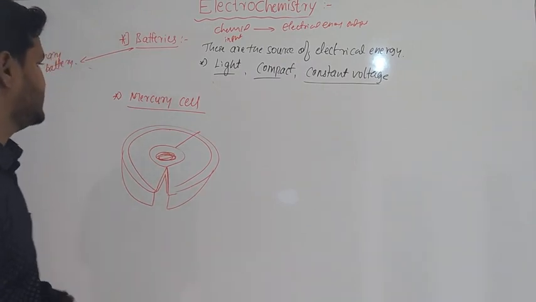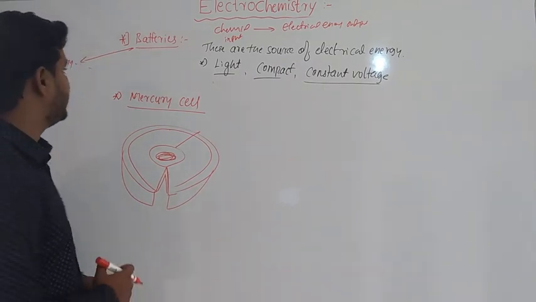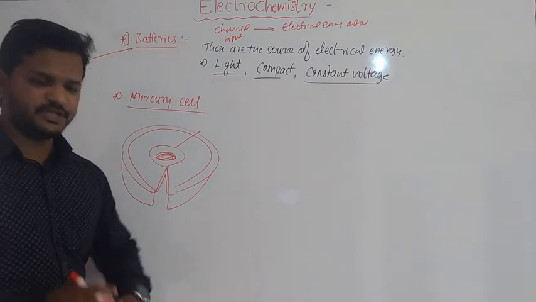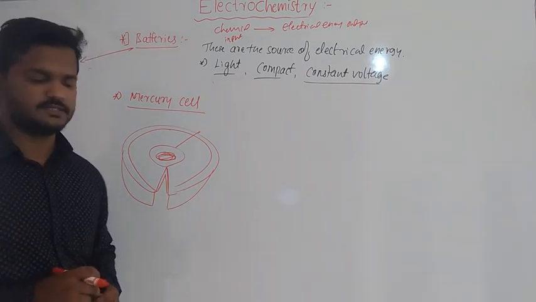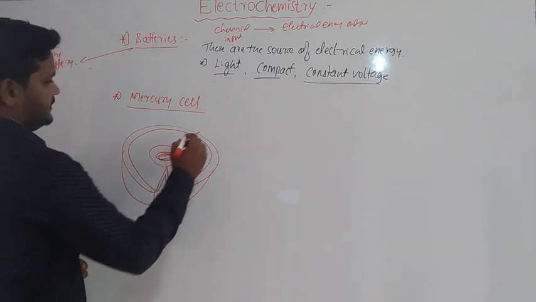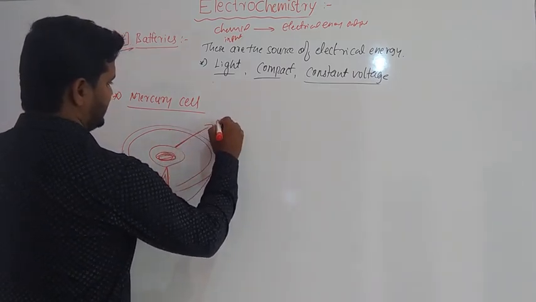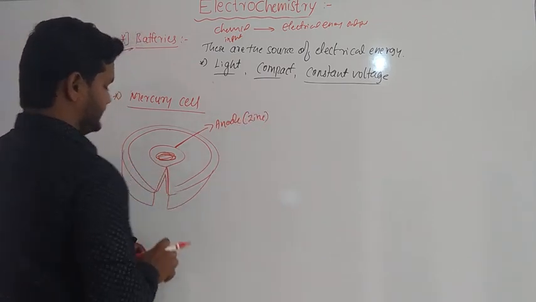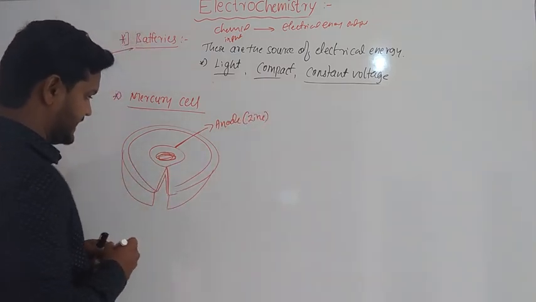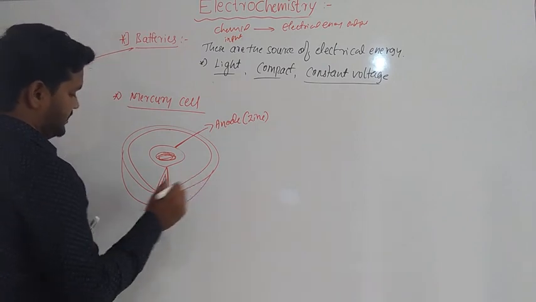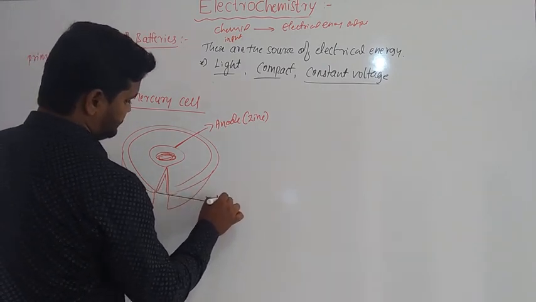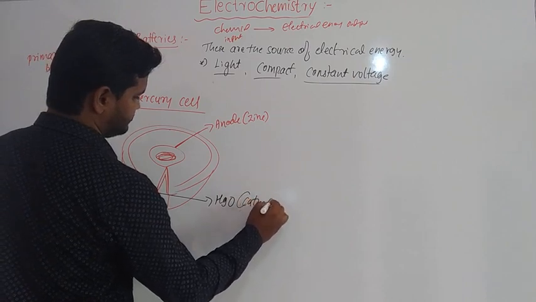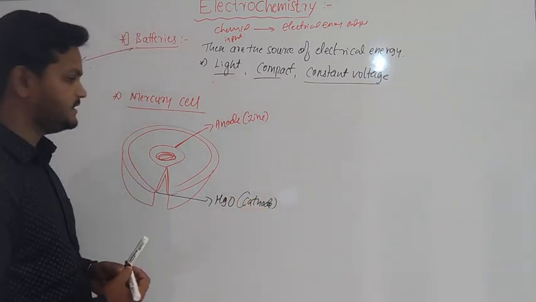Next one, students. Second example for a primary battery, that is mercury cell. Just imagine it is used in a watch, a small mercury cell. Here, anode is zinc, or you can say zinc acts as an anode, and mercury oxide HgO acts as a cathode.